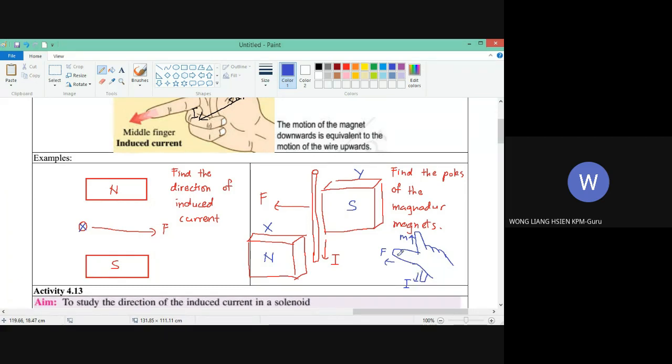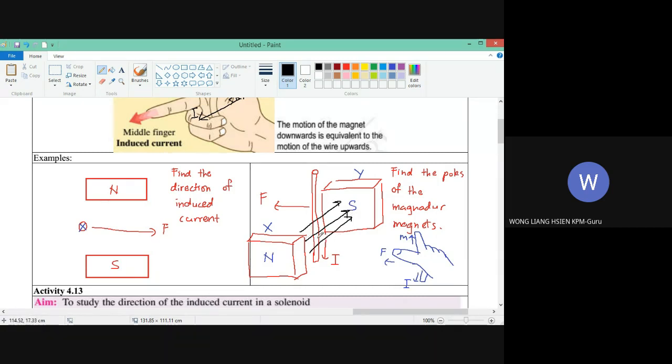This is your thumb. This is your first finger. This is your middle finger. The middle finger is the current. Okay, so if the direction of the magnetic field is this direction going inwards, that means the magnetic field is like this, from north to south.